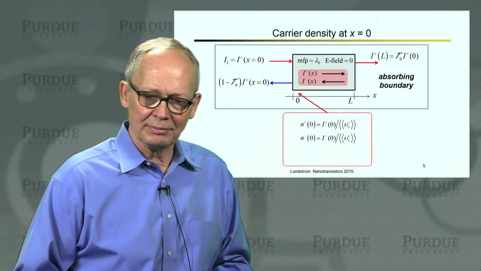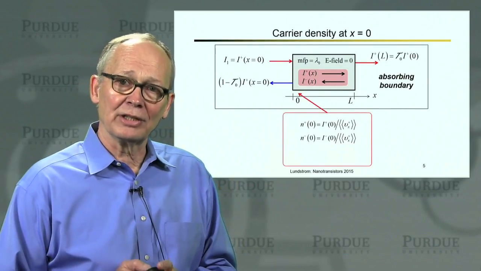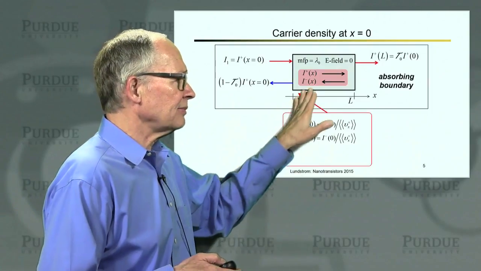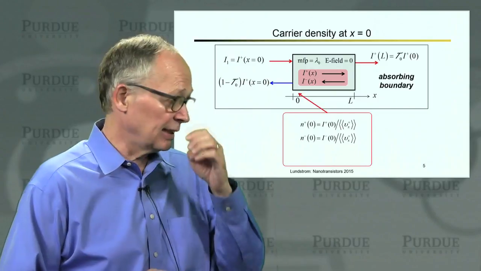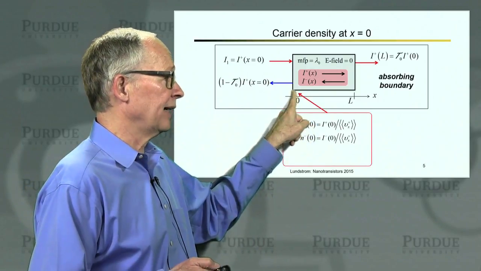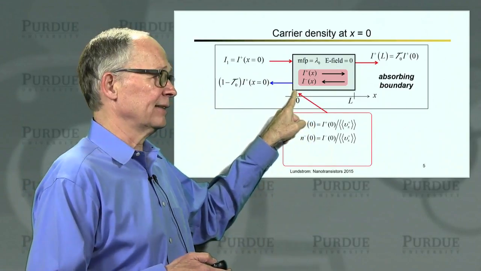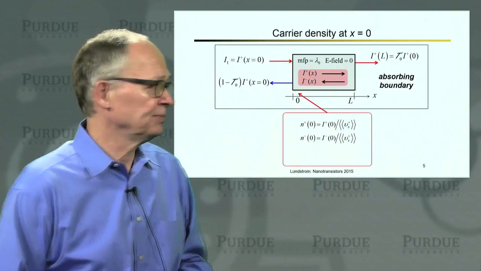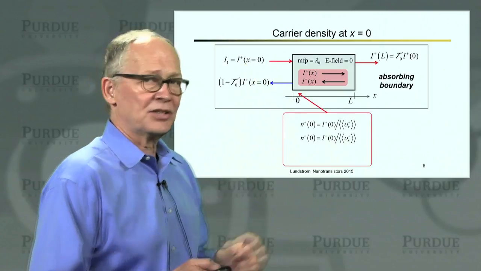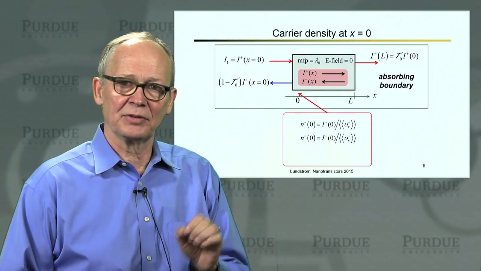Let's take another look inside this slab. We saw how we can resolve the fluxes inside the slab in the previous lecture. What I want to do now is to ask, what is the electron density at the left side and what is the electron density at the right side? Flux is just particle density times velocity.